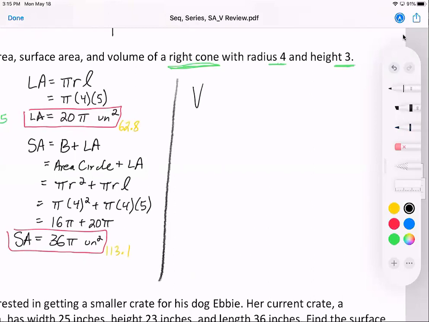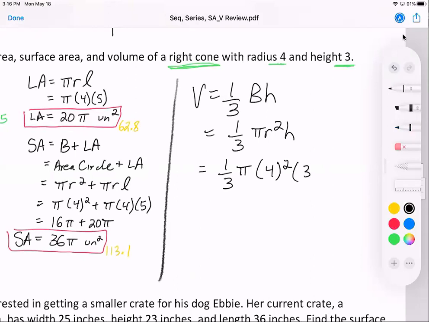The volume formula, the volume of a cone is 1/3 the area of the base times the height. The area base is a circle, so that would be pi r squared times the height of the cone. So we'd have 1/3 pi, the radius is 4, and the height is 3. So multiplying those out, it looks like we get 16 pi cubic units is the volume.